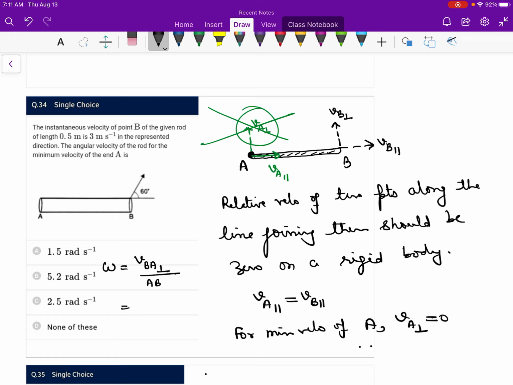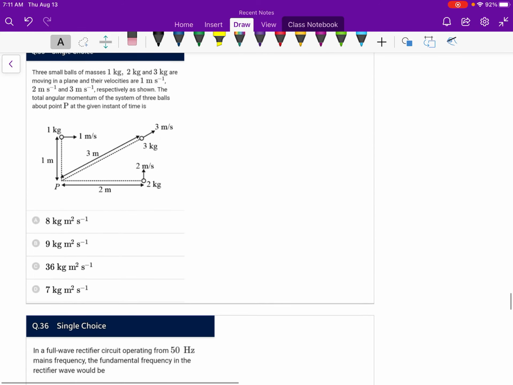So relative velocity perpendicular to the line joining is VB sine 60 upon separation. Separation is length of the rod L. So VB is 3, sine 60 is root 3 by 2, upon length 0.5. So this is 3 root 3 radian per second. So 3 root 3 is 5.2. So B is the correct option.